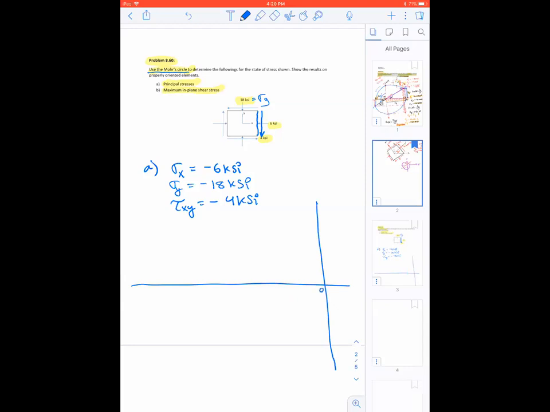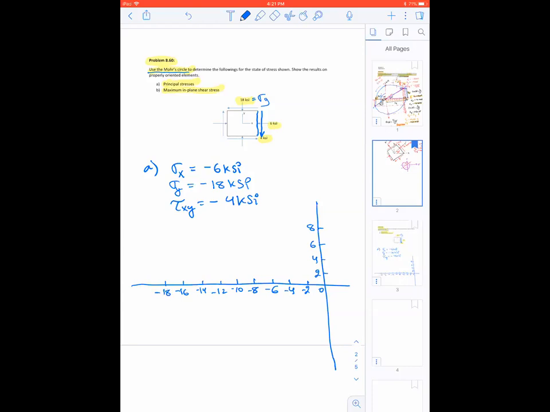So we have 0, these are all negative. I'm sorry, I did not put negative.